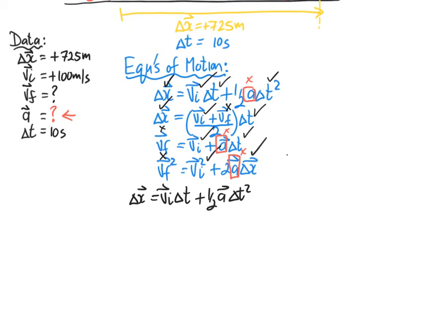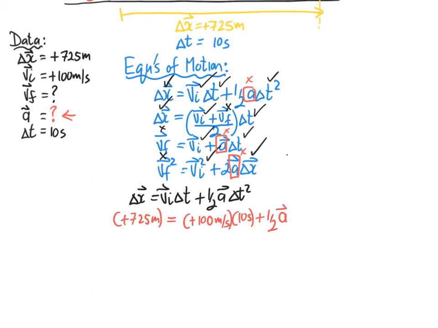So looking now, we substitute in delta x is plus 725, so I'm going to put that in, plus 725 meters. V initial is plus 100 meters per second. Delta t is 10 seconds, plus a half times the acceleration, which we don't know.